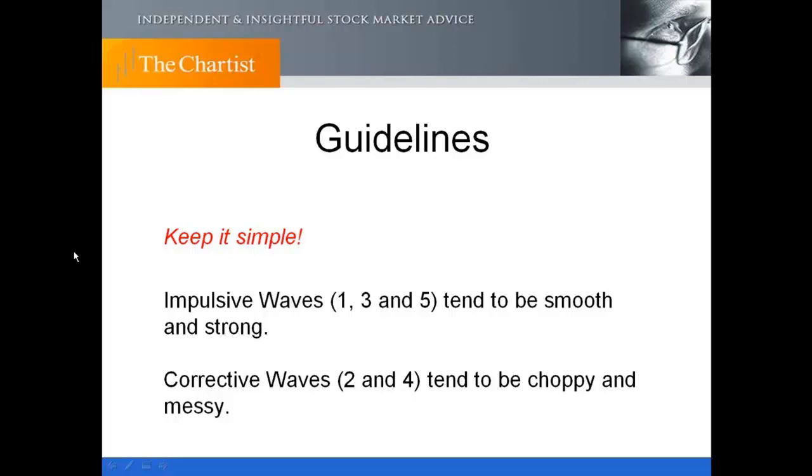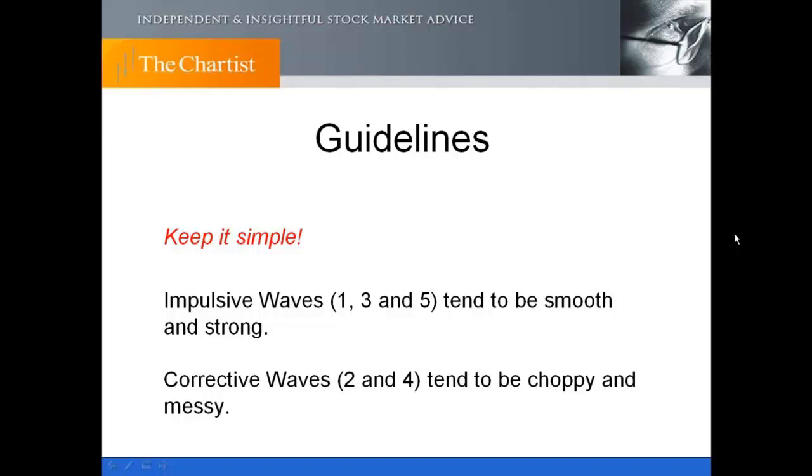And when it comes to guidelines, just keep it simple. You'll notice with the Chartist, we tend to keep all the guidelines very similar to every single chart that we have. It might not be perfect, but it's reasonably good all of the time. Impulsive waves, 1, 3, and 5, tend to be smooth, they tend to be strong. You've got to be able to look at a chart and say, is that a smooth and strong wave?